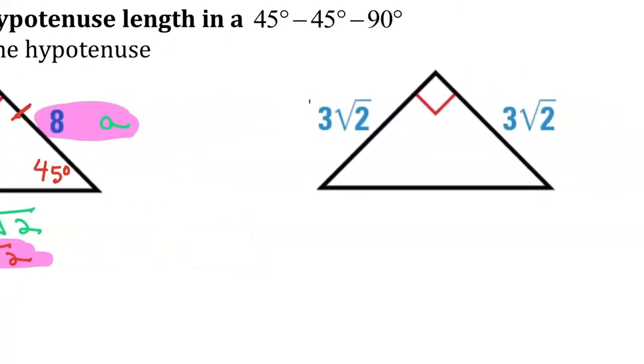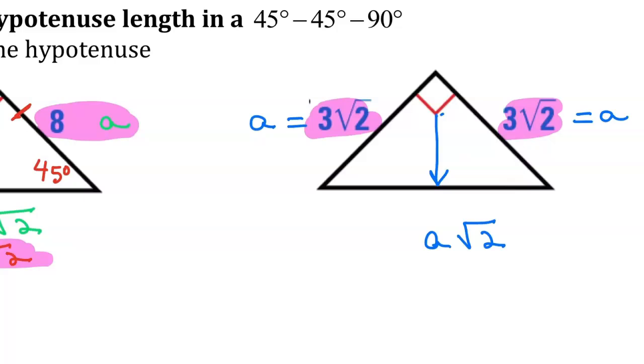Here's another example. Okay, so for this example, once again, here's your hypotenuse. This is my a root 2 side. This is my a side, and this is my a side. So it looks to me like I already have side lengths here and here. How will I use that a that they gave me to get the other side length?